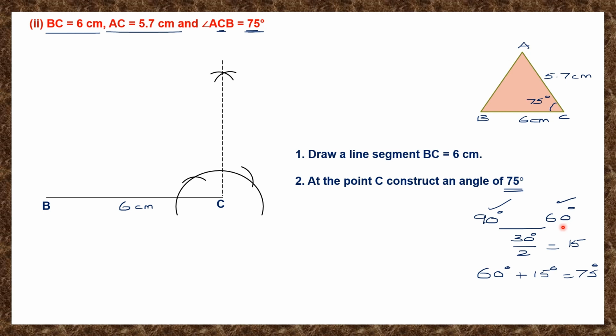Now we have to construct 60 degrees, and this part is already there. The arc is already there. So we just have to draw that line. So this is 60. This is 90. In between we have 30 degrees which we should bisect. Now how do we bisect an angle? In your compass, take a radius which is bigger than this, more than half of this. So keep it at this point and draw an arc.